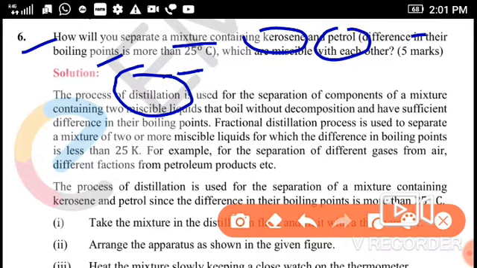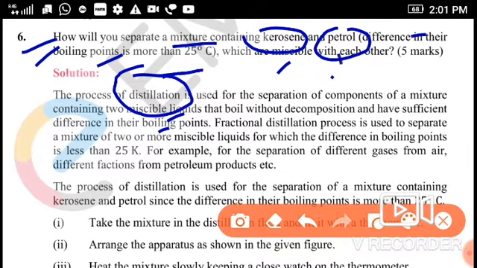But here the difference in boiling point is more than 25 degrees Celsius. That's why we are using the simple distillation method. First we take a mixture of kerosene and petrol in a distillation flask, and then we heat.